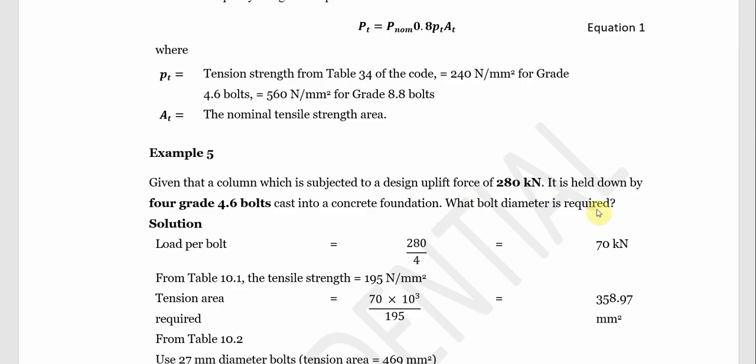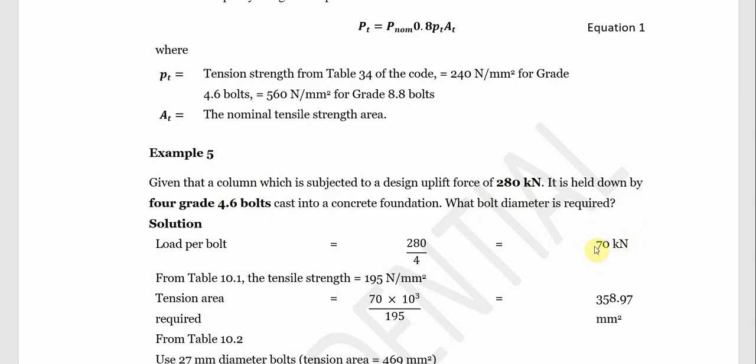What bolt diameter do we require to carry this particular load? The first thing we do is that since this 280 kilonewton is the uplift force, we require 4 bolts. Each bolt will carry a quarter of this, which is 280 divided by 4. So we are designing for 70 kilonewton per bolt.